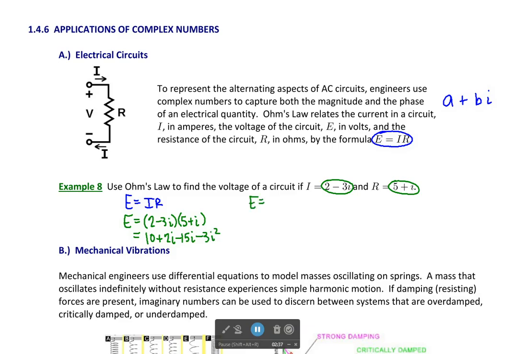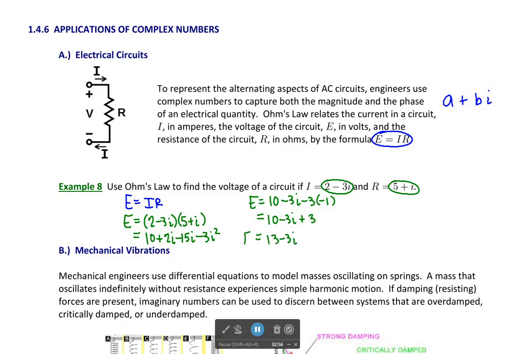When we simplify, we end up with 10, combining middle terms, minus 13i, minus 3 times i squared, which we know is negative 1. So that's 10 minus 13i plus 3, or 13 minus 13i.